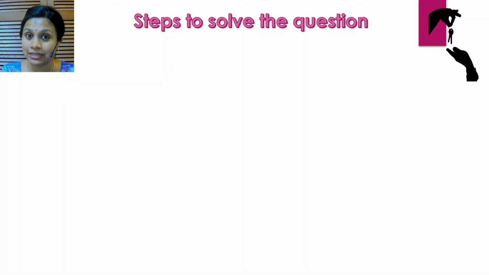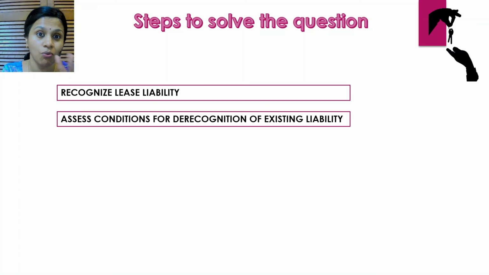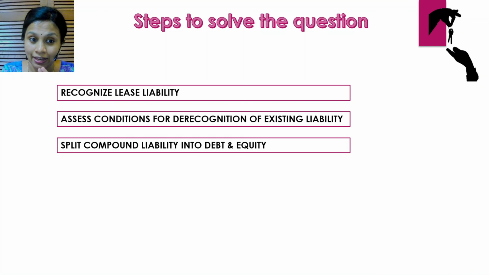The steps that I will be taking to solve this question in my next video are: first, I will recognize the lease liability. Then I will do a quantitative assessment as well as a qualitative assessment to see if the new debt is substantially different from the existing liability. The third, as we know that the new debt is a convertible instrument, so I will split that convertible instrument into debt and equity.